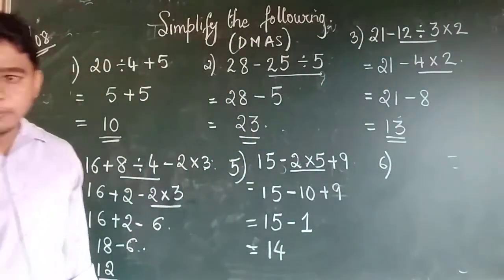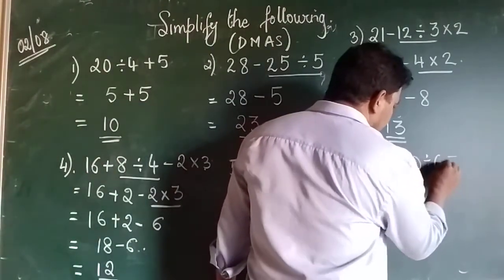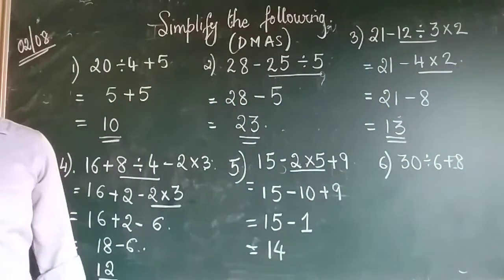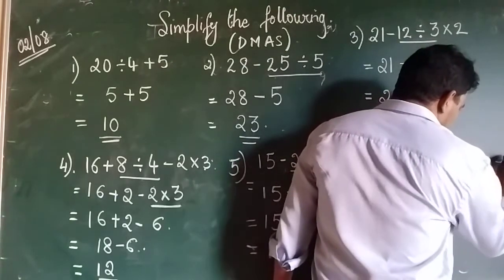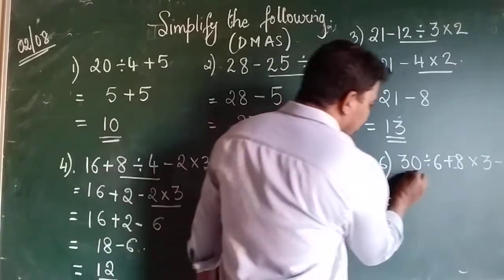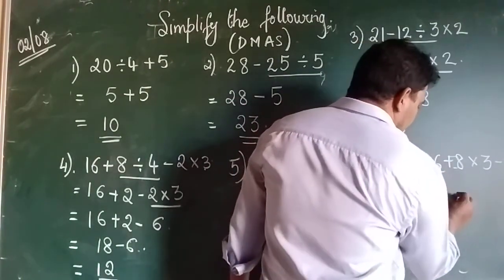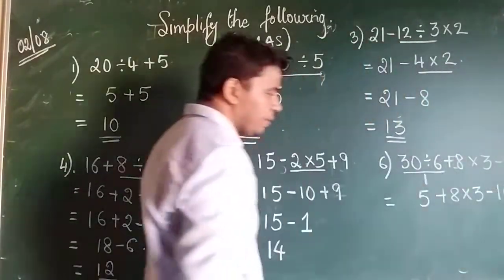30 divided by 6 plus 8 multiplied by 3 minus 10. So let's see. First we can go for division. 30 divided by 6 will give you 5 plus 8 into 3 minus 10. We go step by step.